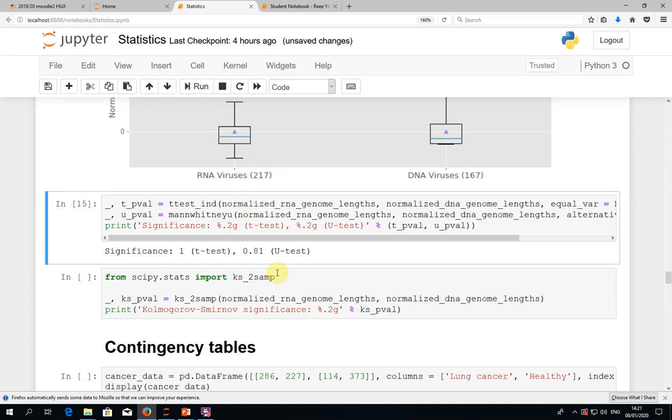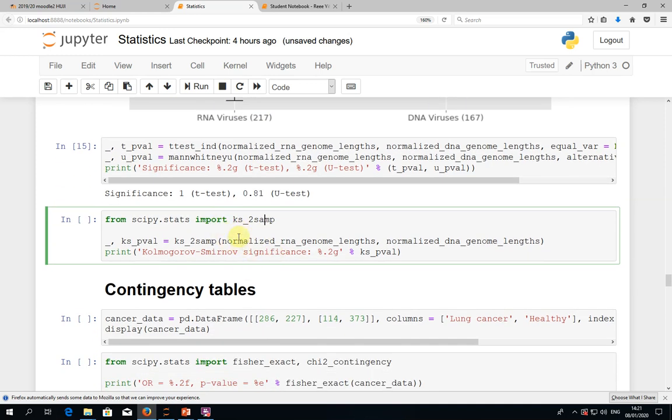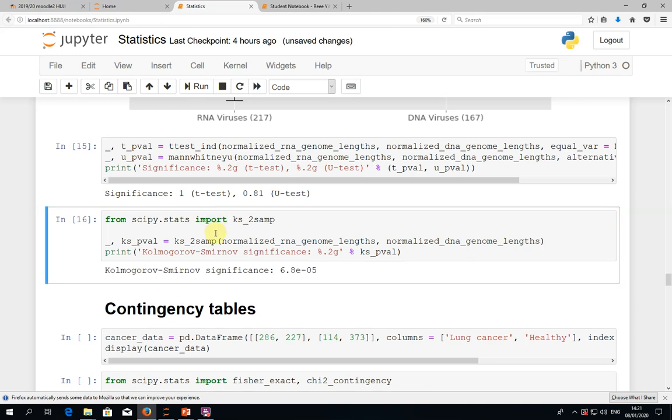And if we want to test that, we can use the Kolmogorov-Smirnov test, which I import here. So now I can give it the normalized RNA genome lengths and the normalized DNA genome lengths, and compare the two of them using the Kolmogorov-Smirnov test, and get a p-value. And you see that the Kolmogorov-Smirnov test is significant.